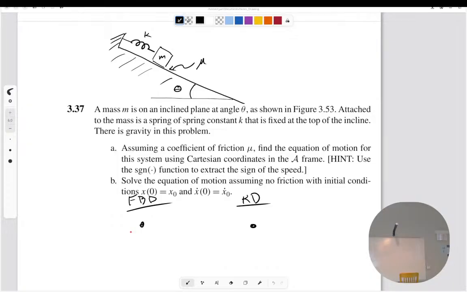Is it going to change? So the direction of motion matters, so we need something that's based on direction of motion. For the spring.